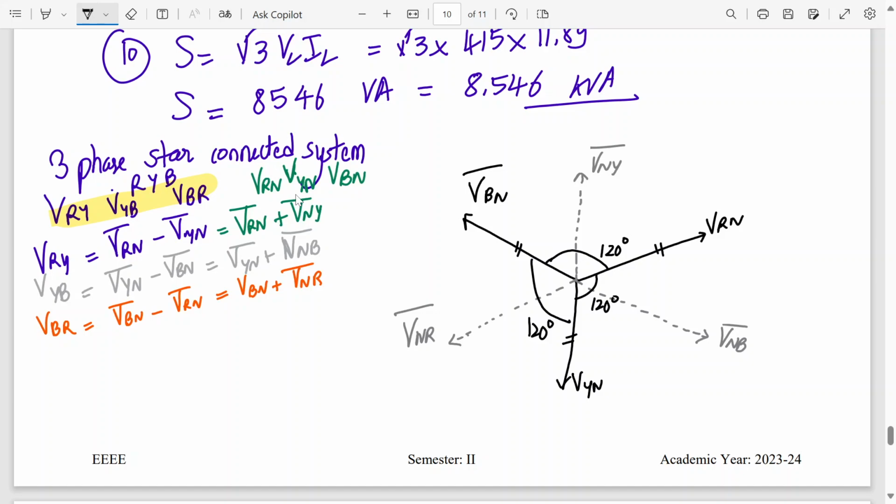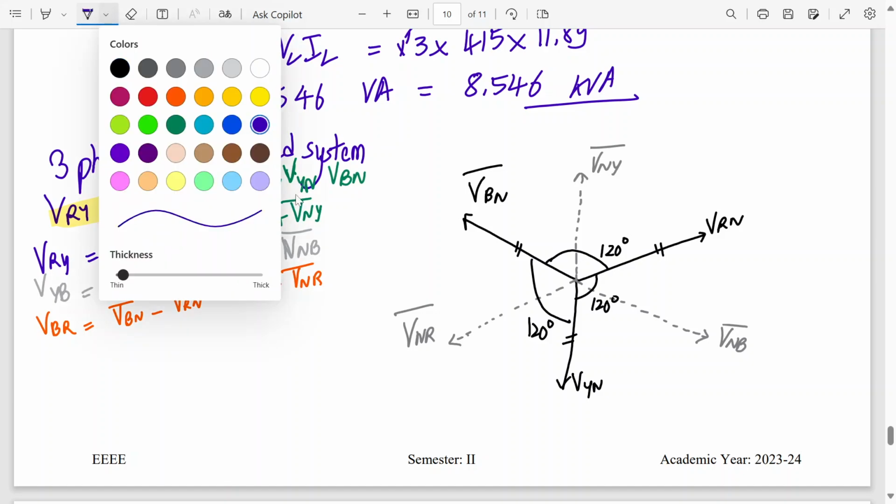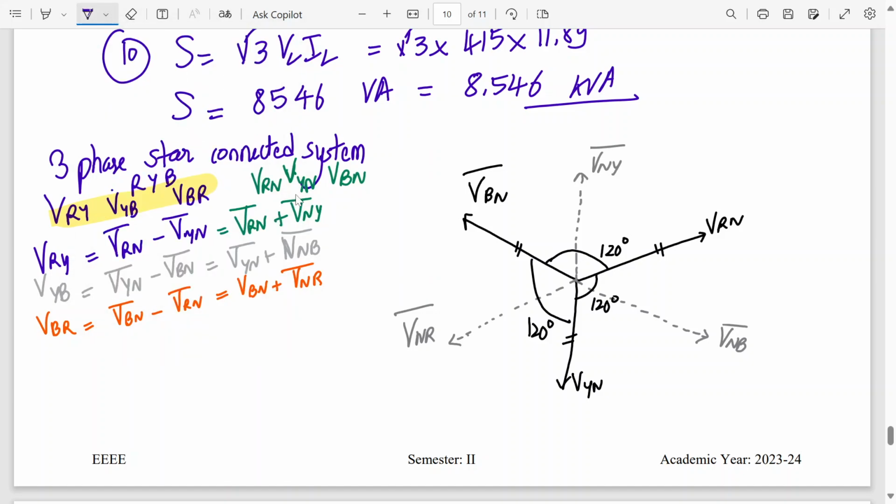Understood this much? Now I will be drawing them with the help of the law of parallelogram. So where is VRY coming from? Identify VNY. VRN plus VNY, these two, this end and this end, correct. So what do we do with them? Parallelogram. The way it looks here, you have to draw this dotted line like this, and draw this one over here. Where the intersection happens, there you can draw this line.